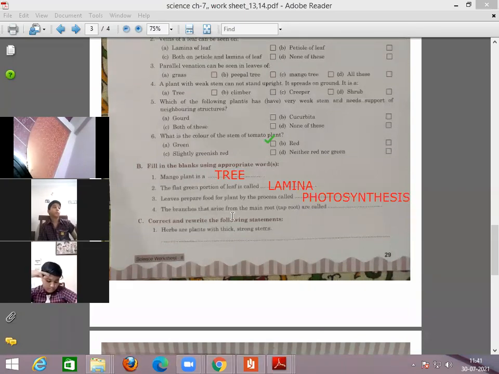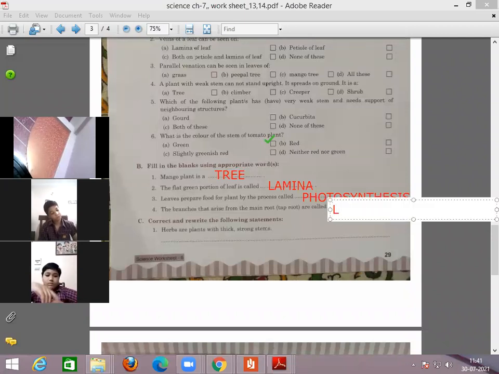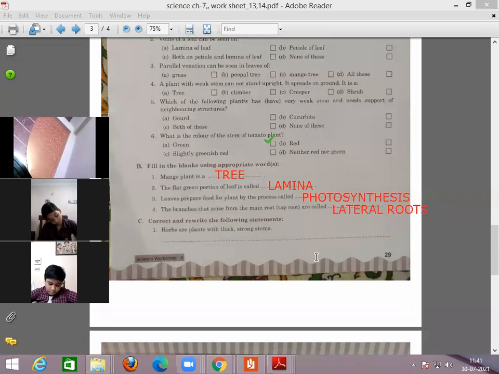Next is: the branches that arise from main root are called lateral roots. Lateral roots. Okay.